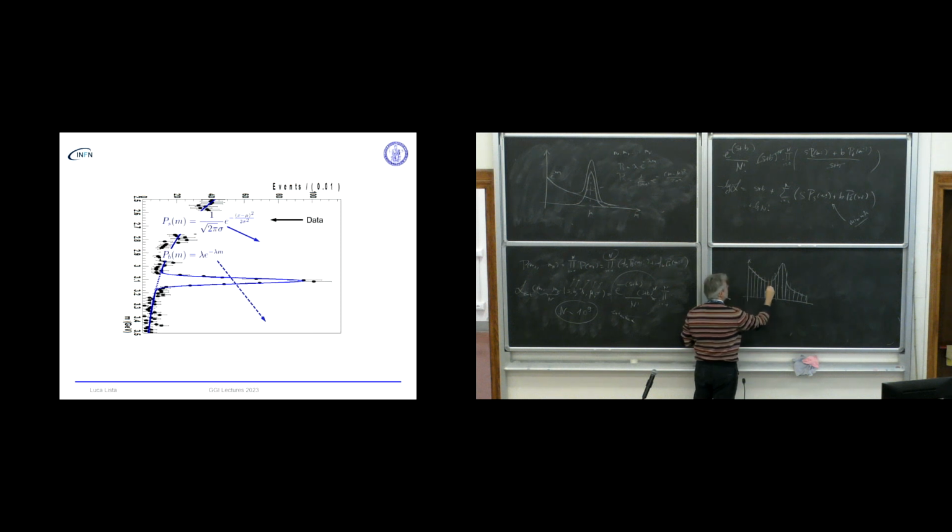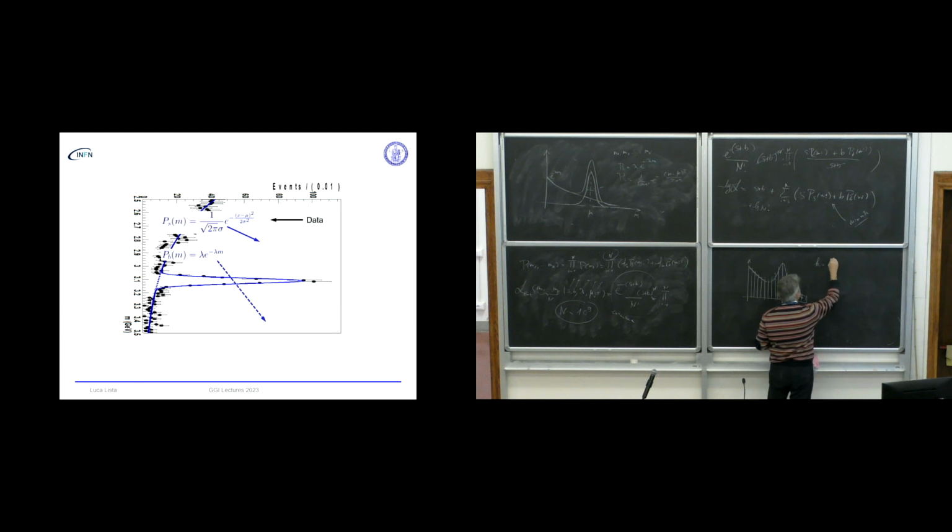So the expected number of entries in each bin, which I can call hi, is equal to the integral over bin i of the PDF, in this case P of m. And for small bin sizes, we can approximate the function to be constant. So this is approximately P of m times delta i, the size of the bin.